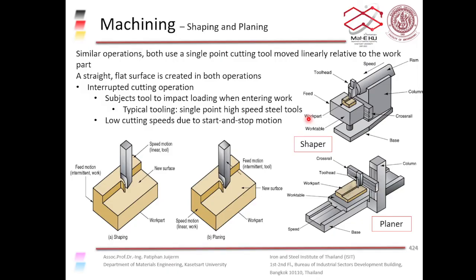So when you apply an impact load to the high-speed steel, it's going to absorb that impact energy. But if you're making the cutting tool with ceramics, when you apply the impact loading, the ceramic might explode or might break, right? So that's why for this type of machining, we're using high-speed steel as the cutting tool.